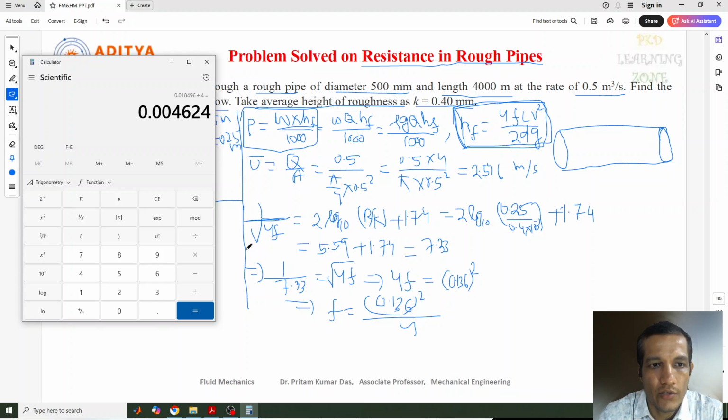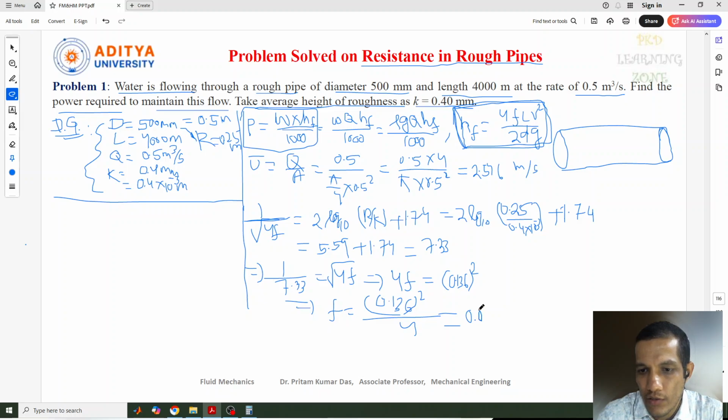So we get 0.0046. This is the value of f, the friction factor.